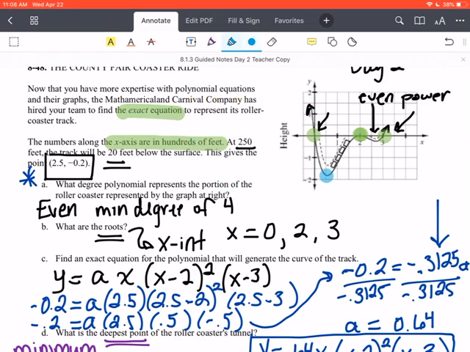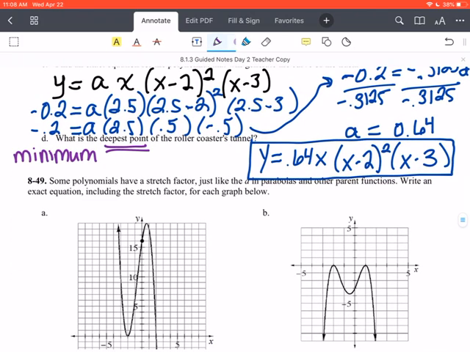Well, it's really nice because we can note that the depth or the bottom part of the coaster is occurring at what? x equals 0.5. So we are going to want to evaluate now our equation that we have and look at x equaling 0.5. So you're going to plug that in for x and carefully do the calculation.